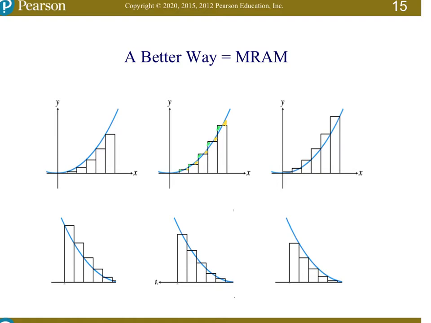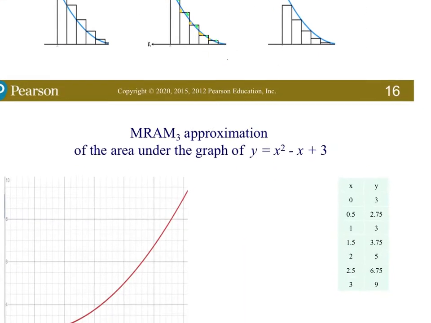It works the same when we're increasing or decreasing, whether the curve is going up or down. We have parts of the MRAM that are too big and parts of the middle that are too small. And so we're coming up with a better, more accurate answer than either LRAM or RRAM by themselves.